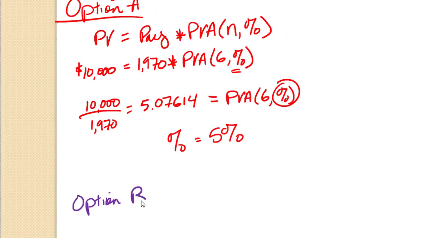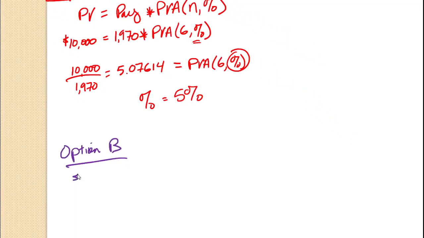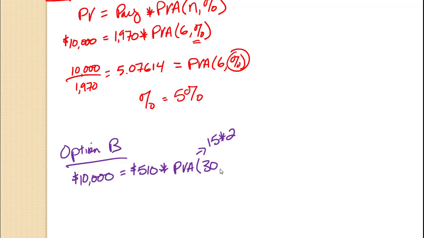That's option A. Option B can be set up the same way. So again, we're investing $10,000 today. The payments now are going to be $510. N is 30 because it's 15 years semi-annually, and we want to find the percentage.